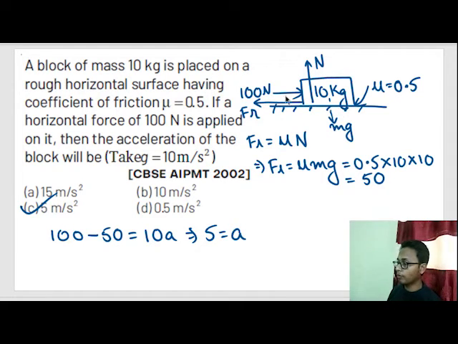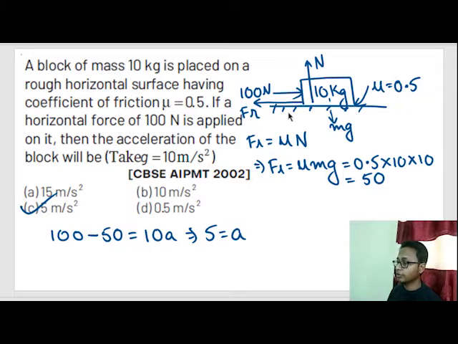What if instead of 100 Newton it was 10 Newton? Then the value of friction force would also be equal to 10 Newton. As soon as this external force goes above 50 Newton, this block starts to move.